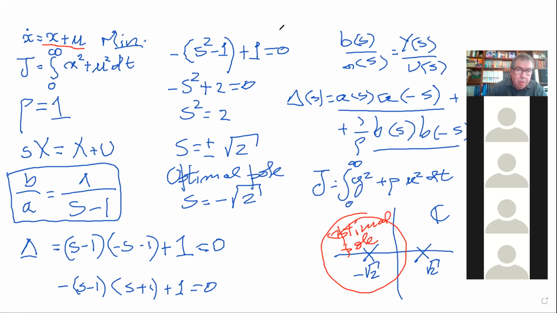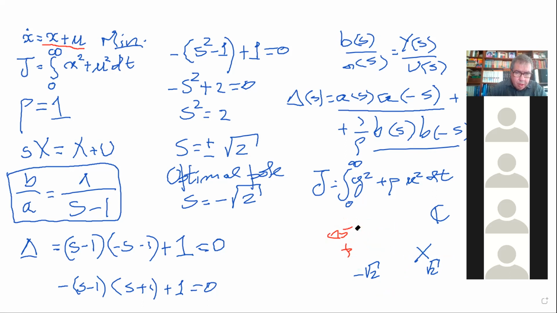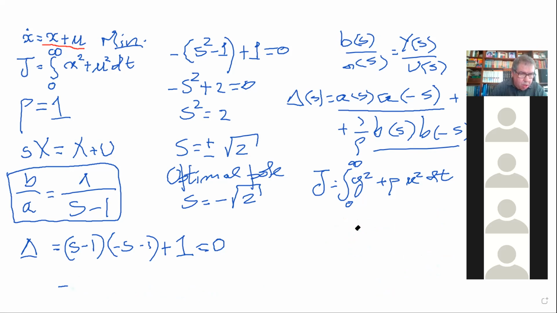So I assume that my control law is u of t equals minus k x of t.